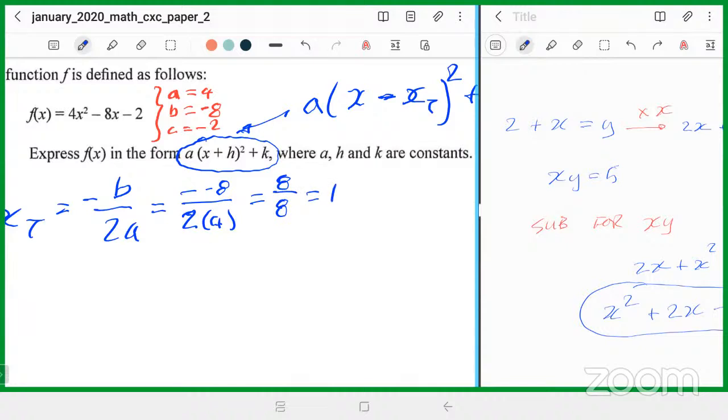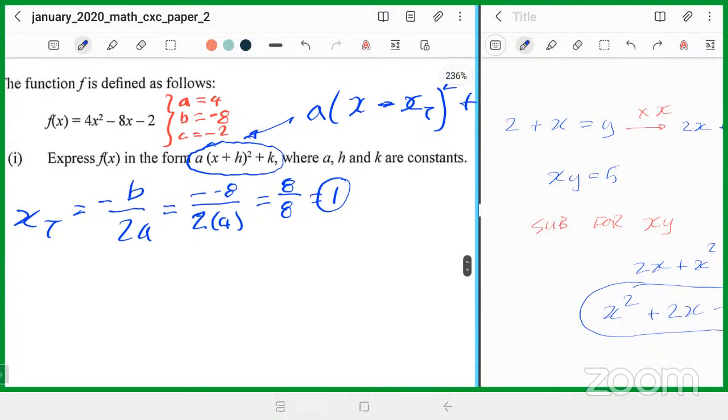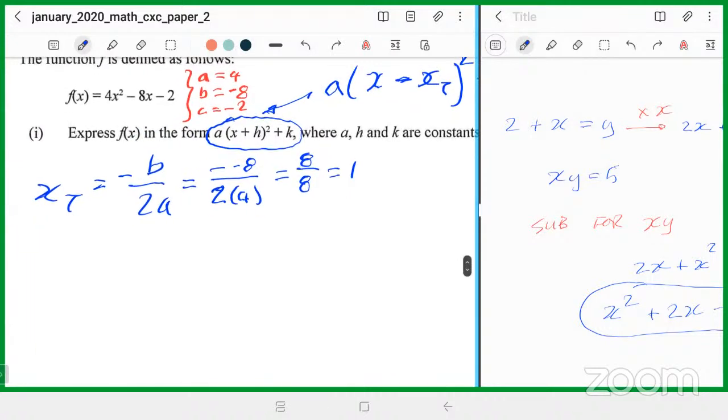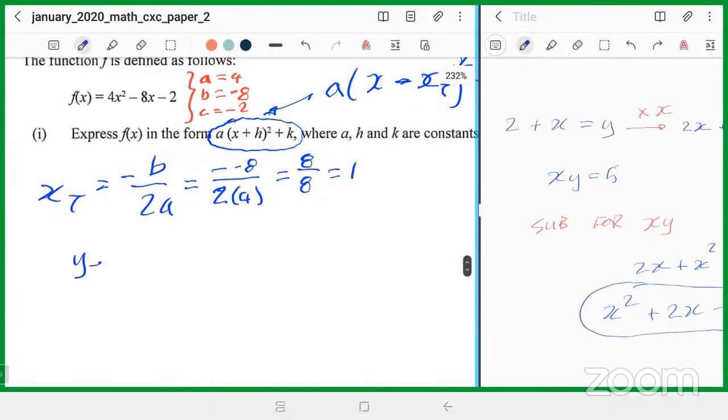Now, when my xt becomes a whole number like this, I'm not going to use a formula method for yt. I'm going to plug that xt value in the function and get my yt value that way, which is an easier way this time than using a formula for yt. So my yt value really becomes f of 1. Because the function is f of x, you put 1 in the function.